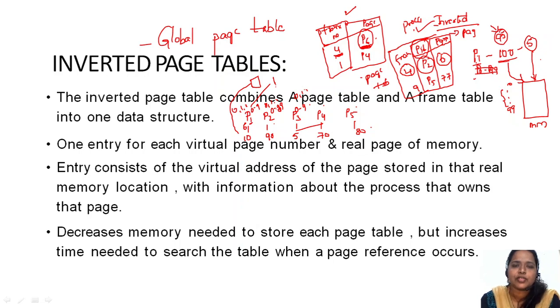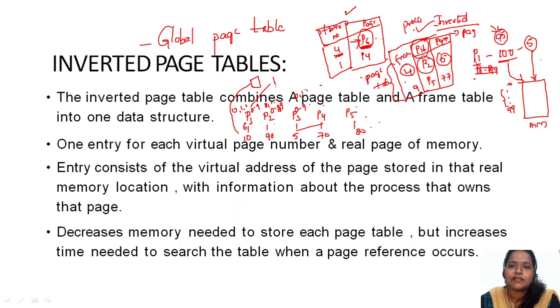Why global page table? If we have 5 processes, all the 5 processes' information we store in a single page table. In a normal page table we don't know which process a page belongs to, but in the inverted page table we know exactly which process, which page, which frame, everything.